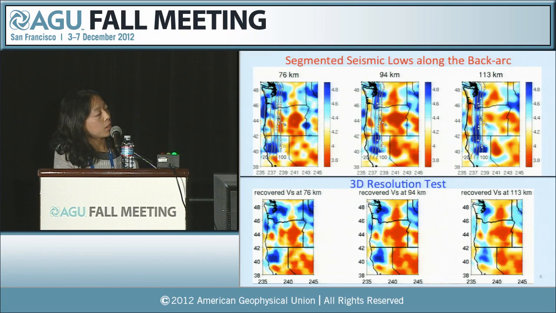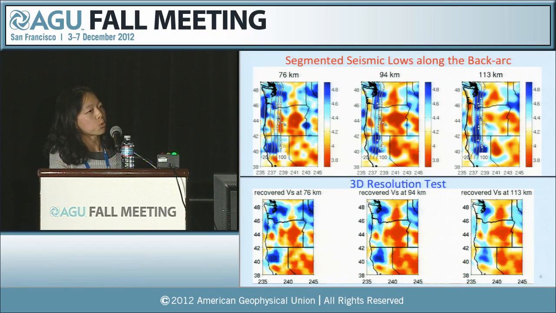Moving to the absolute shear wave velocity model. Here I show the shear wave velocity model at 3 depths in the upper mantle, from 65 kilometers to 110 kilometers. The slab interface from 20 to 100 kilometers is shown here for reference. Also, the white triangles are the along-strike Cascade volcanoes.